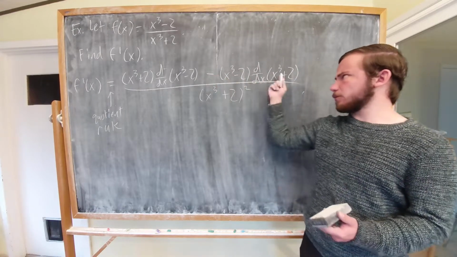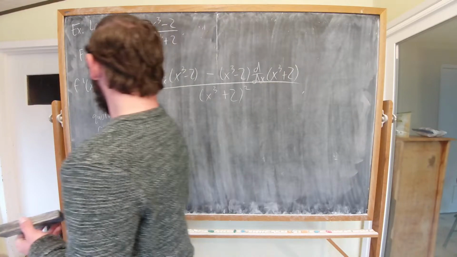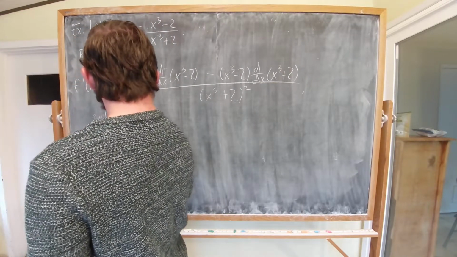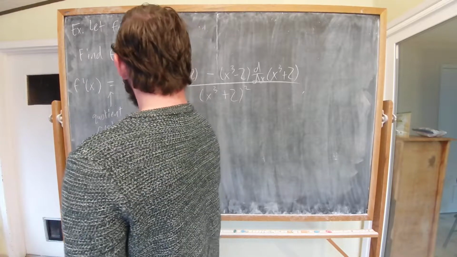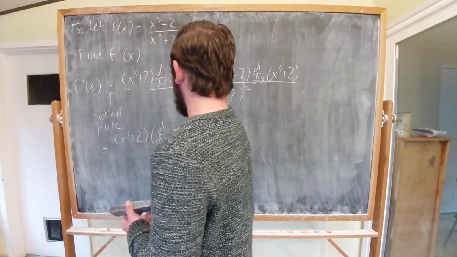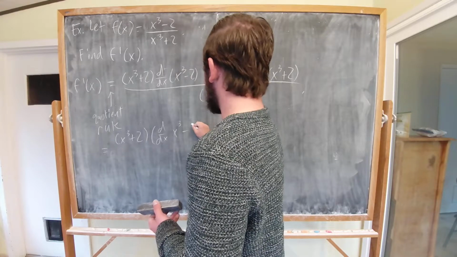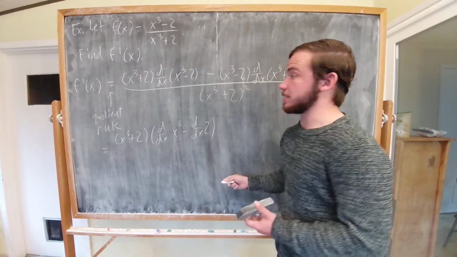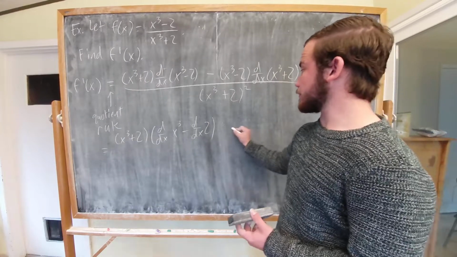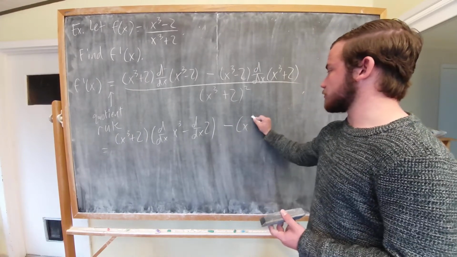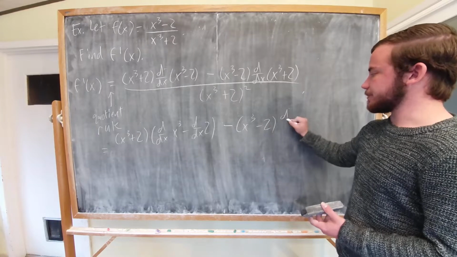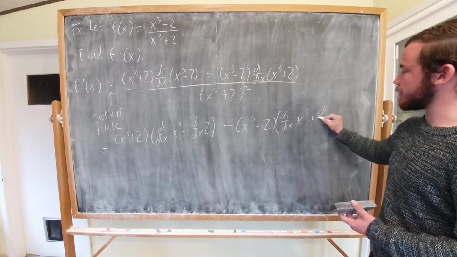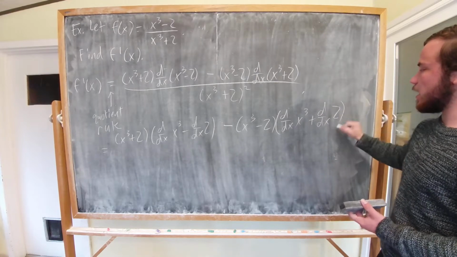Now let's start working with these derivatives here. This is equal to x cubed plus 2 times derivative with respect to x of x cubed minus derivative with respect to x of 2. This is by the sum rule. Minus, again by the sum rule, x cubed minus 2 times derivative with respect to x of x cubed plus derivative with respect to x of 2.